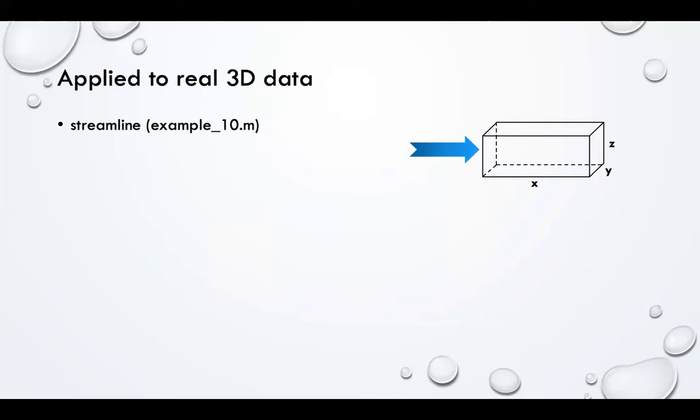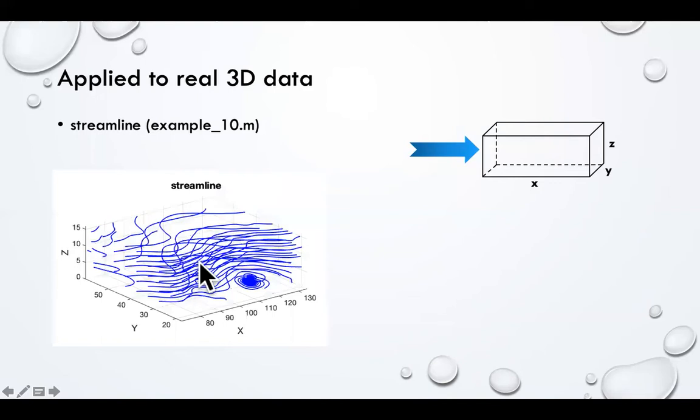And for real 3D data, you can apply the same technique. Here I want to show one example: there is a flow over a rectangular cylinder, with X, Y, and Z. If you want to see the streamlines, what the flow looks like, you just need to use streamline.